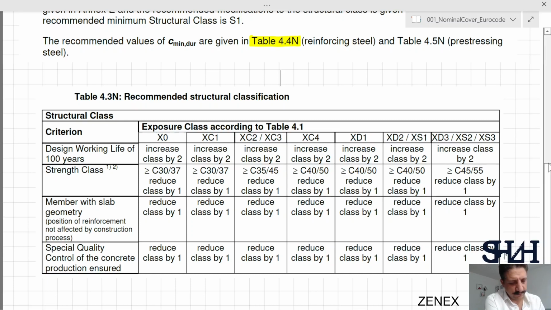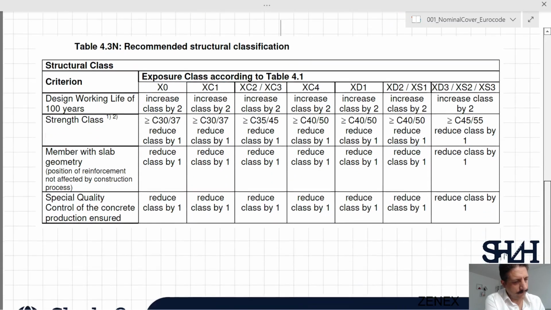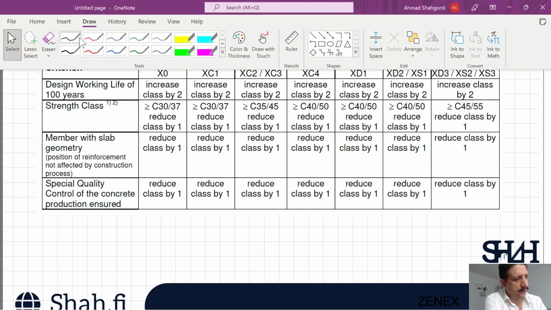So let's have a very simple example and then find out how it would be in our case.